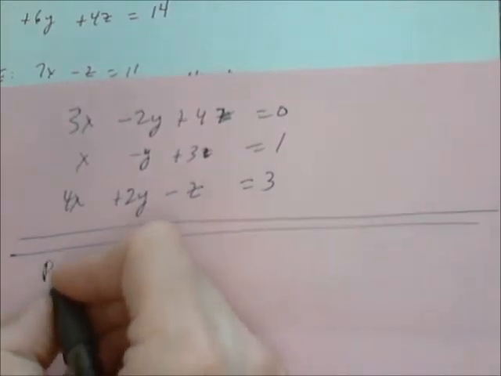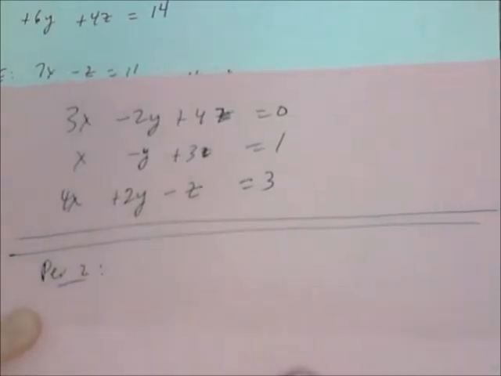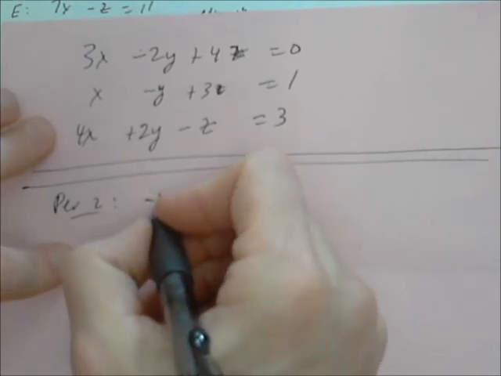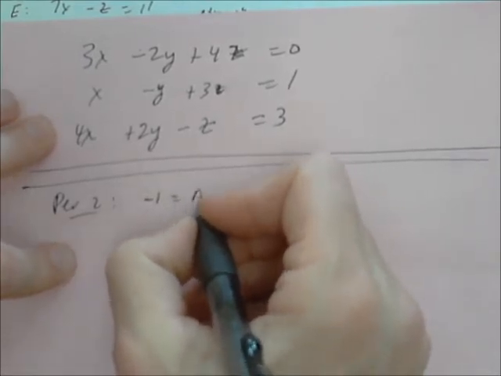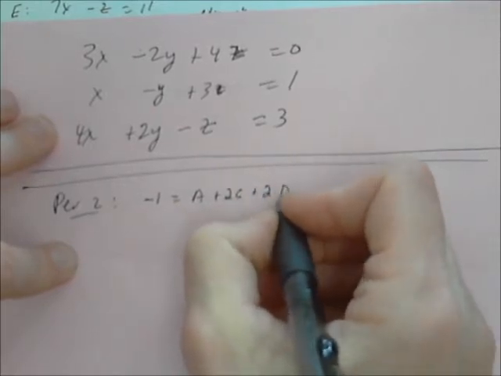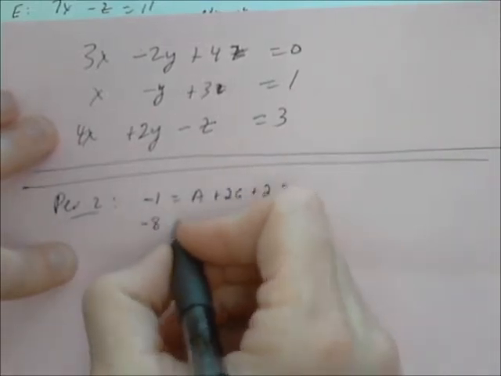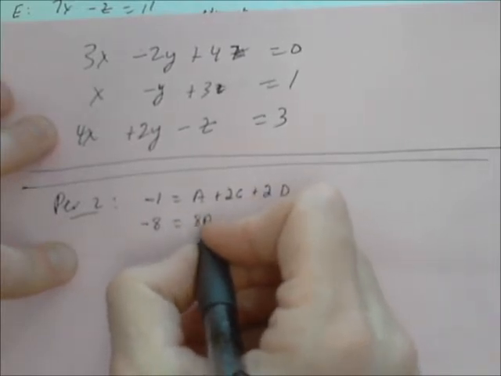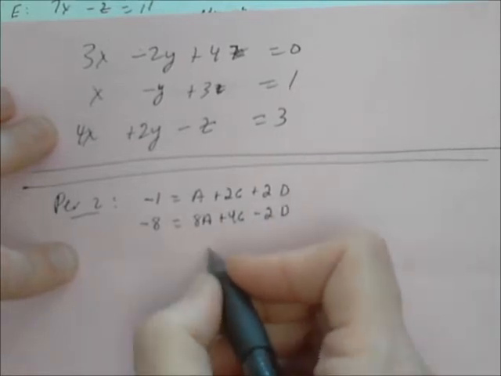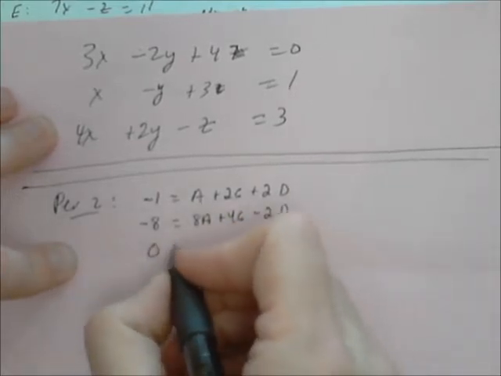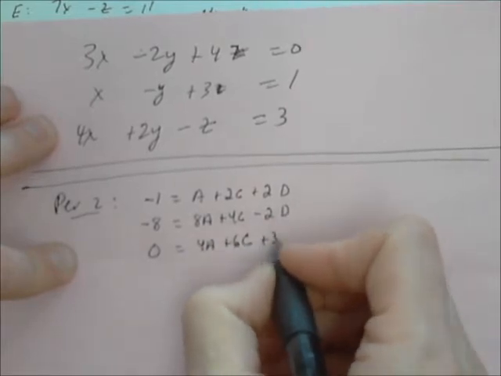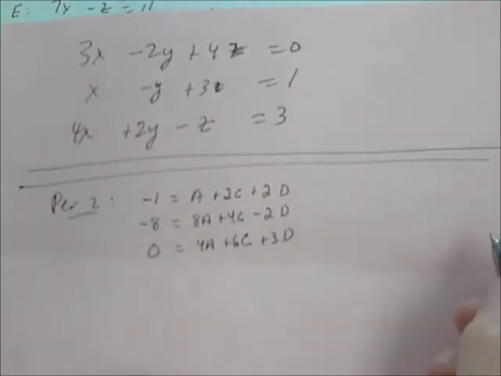In my period 2 class, we got to the point where we said negative 1 is equal to a plus 2c plus 2d. Negative 8 is equal to 8a plus 4c minus 2d. And 0 is equal to 4a plus 6c plus 3d. That was my period 2 one.